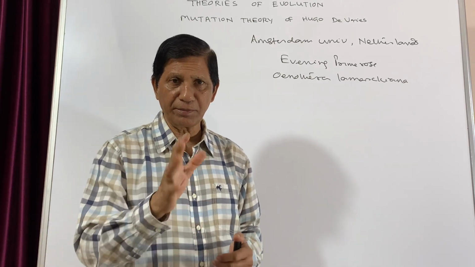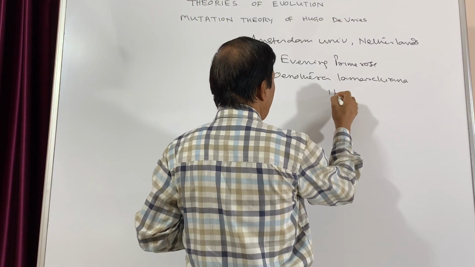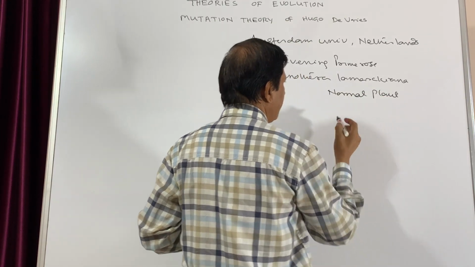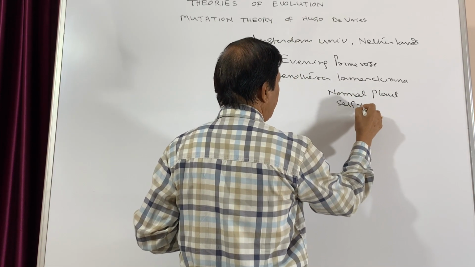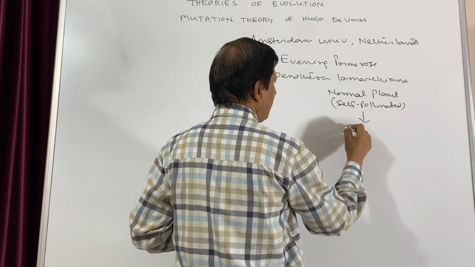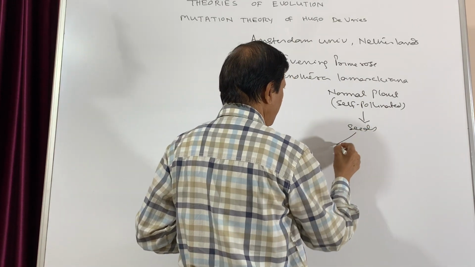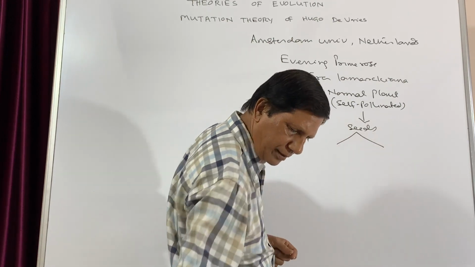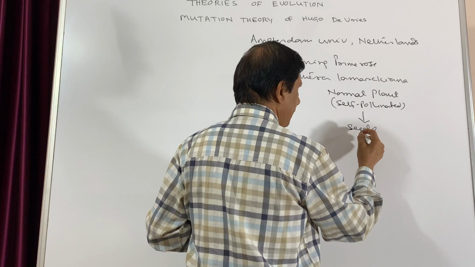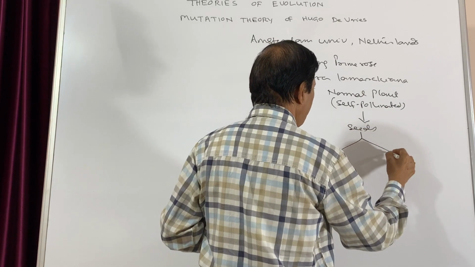If we represent it diagrammatically, the normal plant is self-pollinated. Then from this we collect the seeds. Now when we grow the seeds, it will give rise to two types of plants.